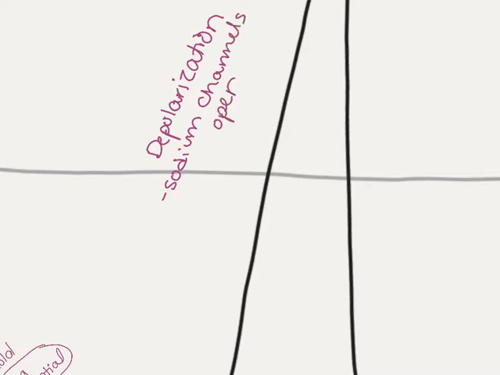And because of the sodium channels opening, again, we'll draw our axon. We used to have all the sodium on the outside, and they're rushing in rapidly. So now we've got sodium and potassium on the inside. And again, we've got sodium on the outside, but we'll just ignore that for now.